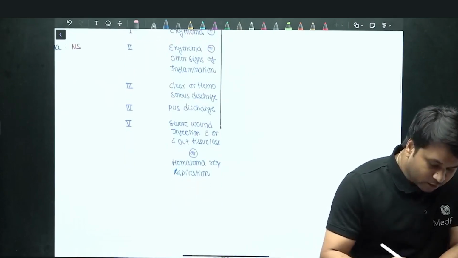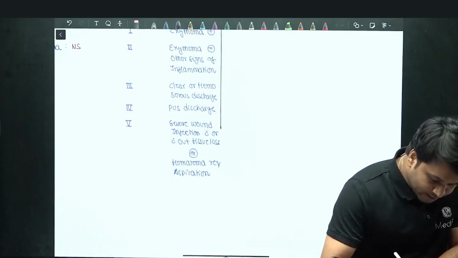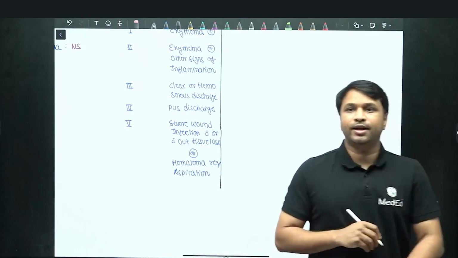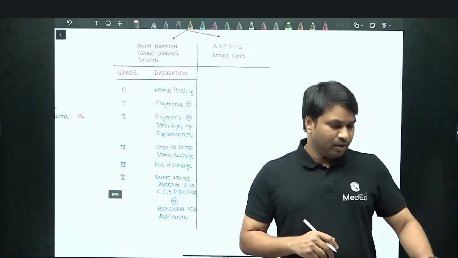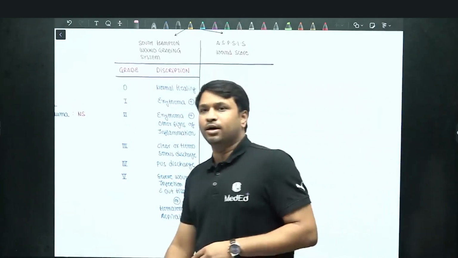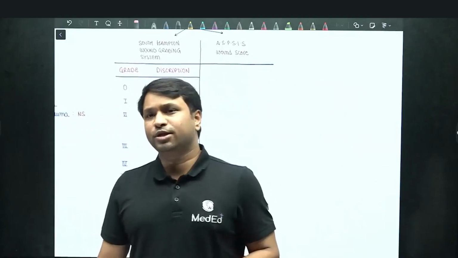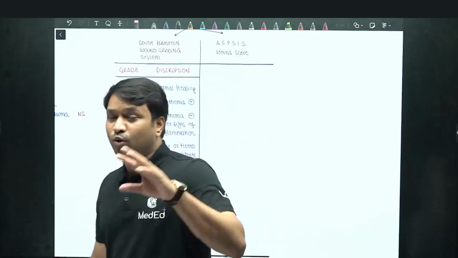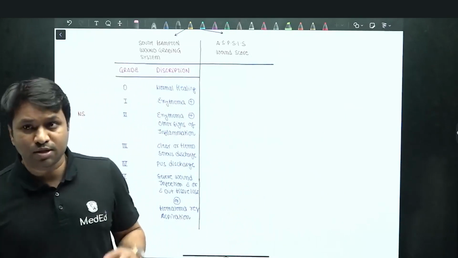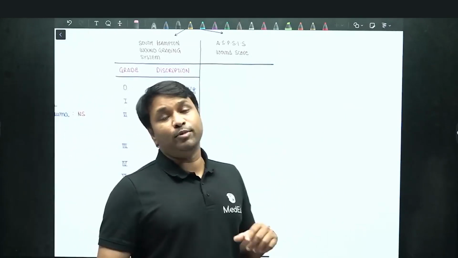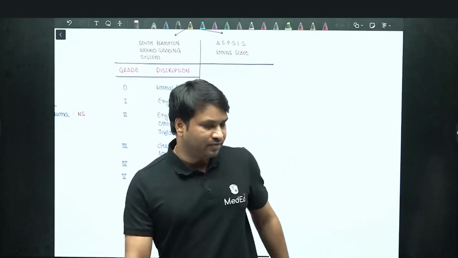This will be categorized as grade 5. So normal healing is grade 0, erythema is grade 1, erythema with other signs of inflammation is grade 2, serous or hemoserous discharge is grade 3, pus discharge is 4, severe wound infection with or without tissue loss is 5, or there is hematoma that requires aspiration, also classified as 5.